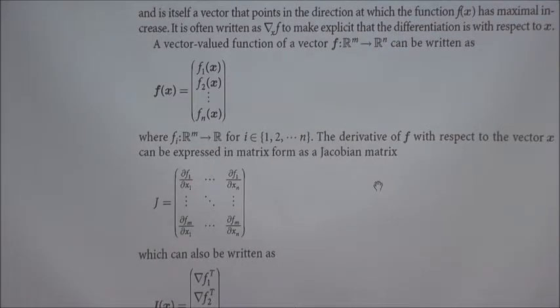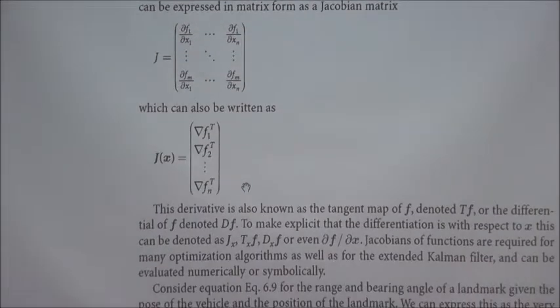So the Jacobian matrix is a two-dimensional matrix which consists of partial derivatives of m values of function with respect to n values of your independent variables or state variables. This comes in handy later on, and these are nothing but coefficients of a Taylor series expansion.